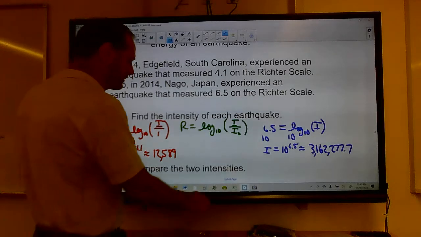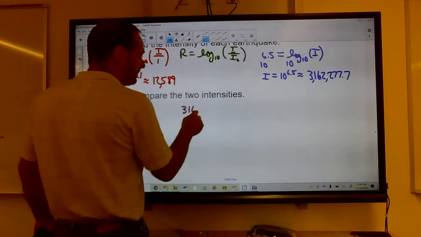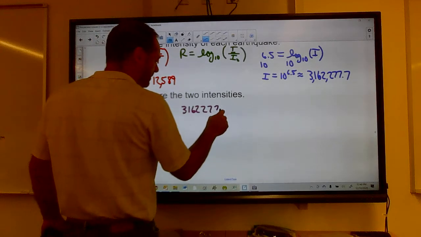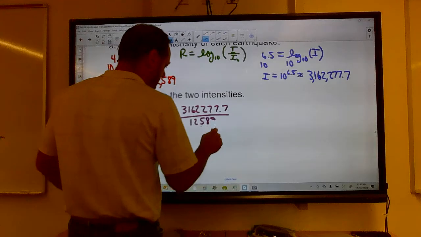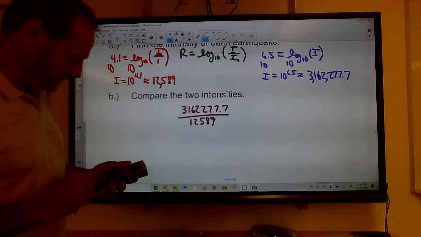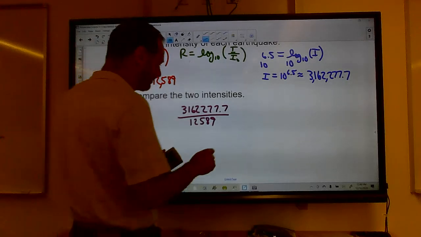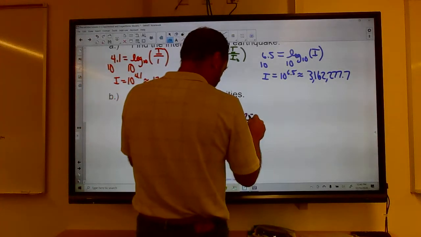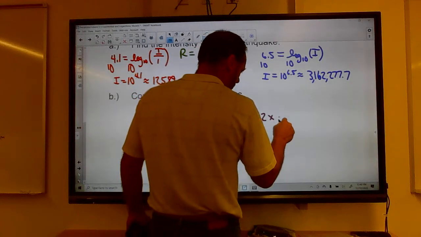So if you compare the two intensities, you would just divide them. So divided by 12,589 comes out to be about 251.2 times more powerful.